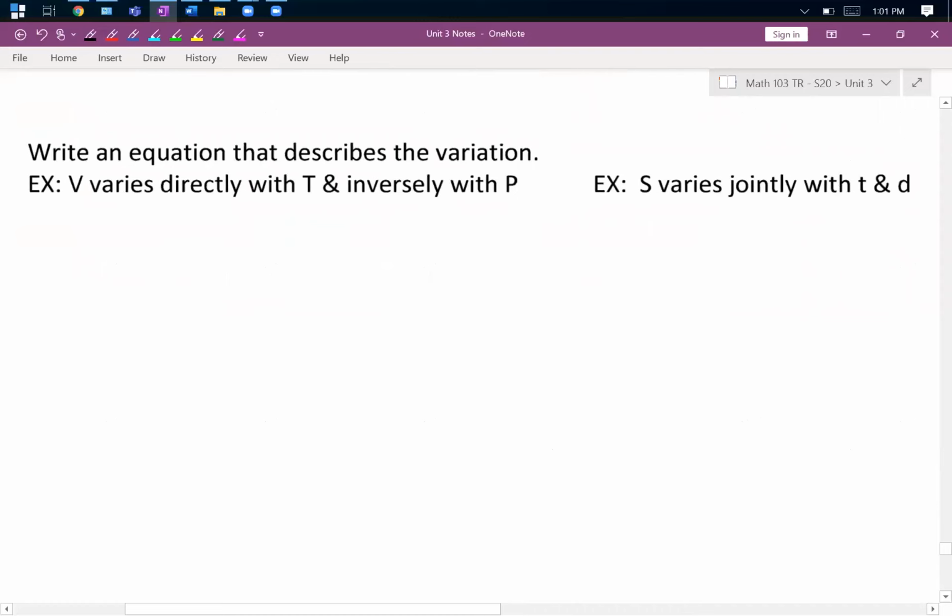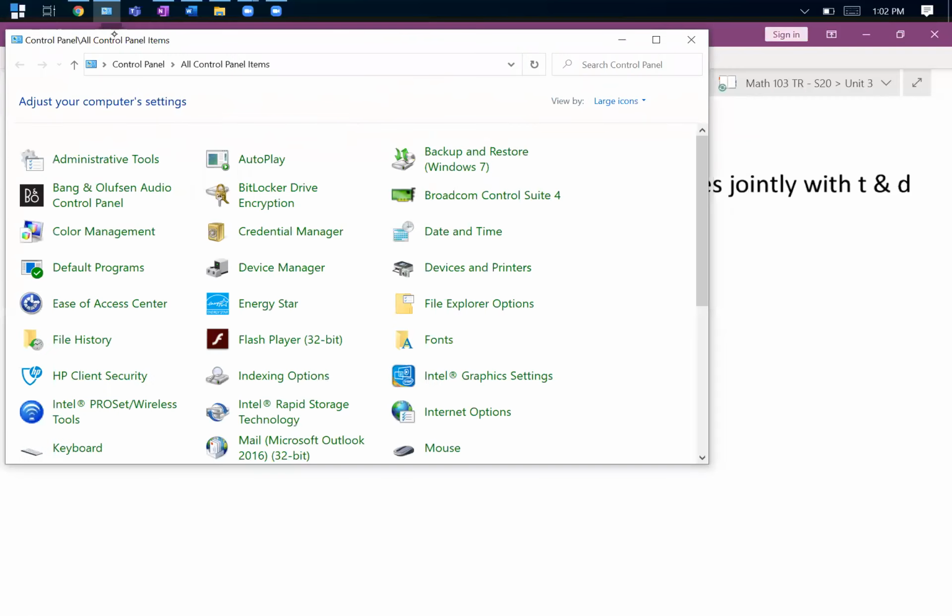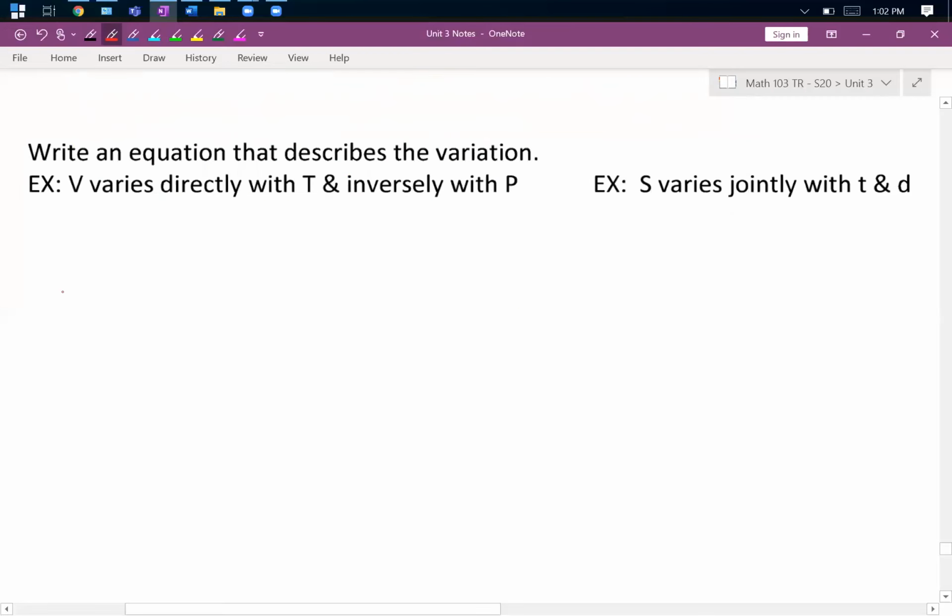So V varies directly with T and inversely with P. So we're going to start with V. We know k is there, so varies directly with T. So I'm going to multiply by T, varies inversely with P, so I'm going to divide by P. And of course, we don't have to have those multiplication dots in there. I'm just really trying to emphasize what we're doing.